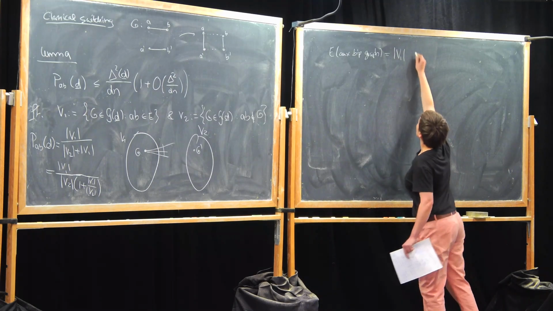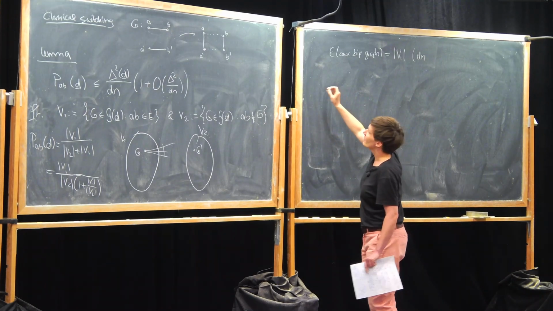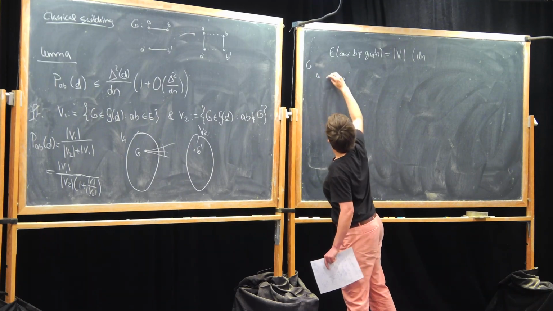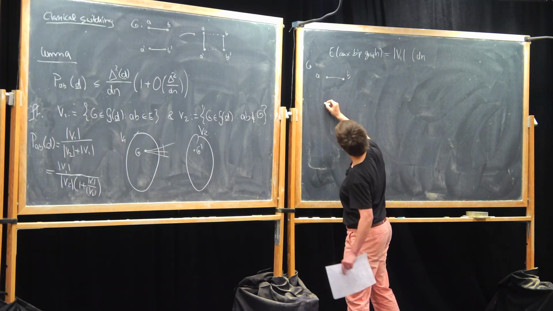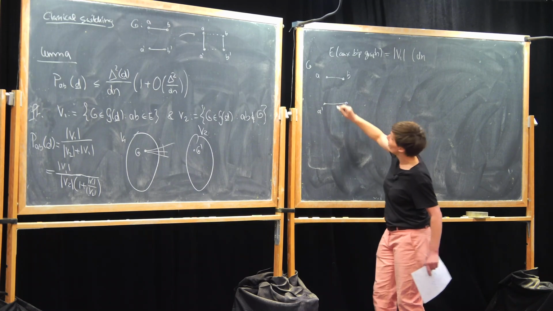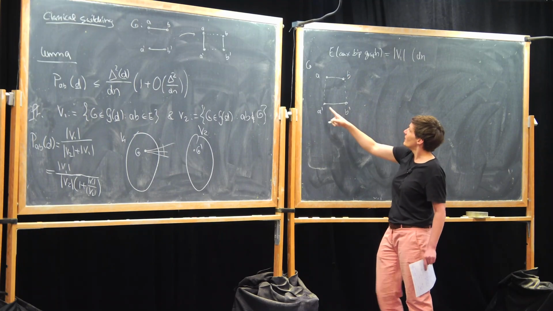Well, overall, there are D times N. Yes, I want to count. I'm given a graph G that has an edge here. In how many ways can I pick an A prime and a B prime so that I can perform that switch?